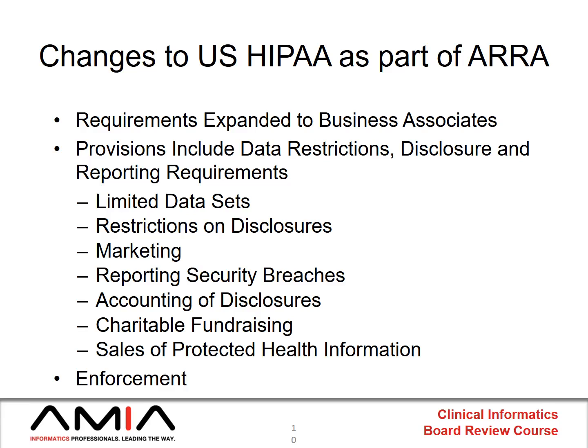It has provisions listed there for limited data sets, restrictions and disclosures, marketing, charitable fundraising, and so on. It also has changes to enforcement, and these portions of HIPAA have considerable teeth to them now, including potential for criminal charges being placed and substantial fines. So it was strengthened, and it is broadened as a result of ARRA.